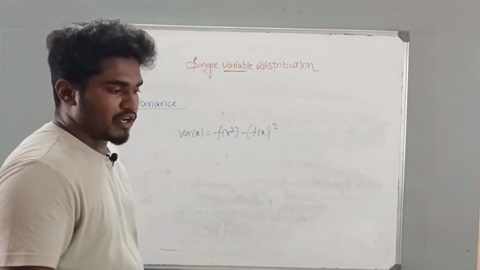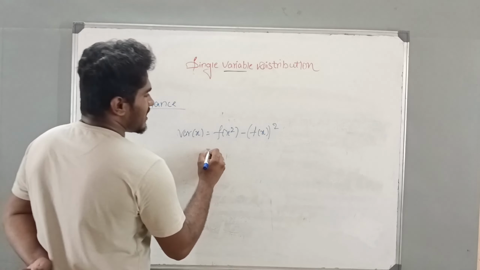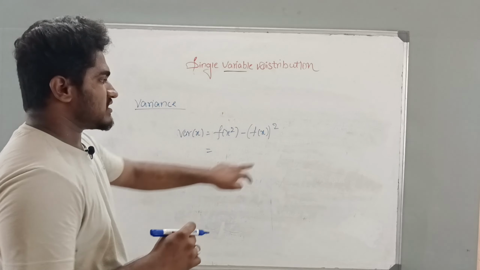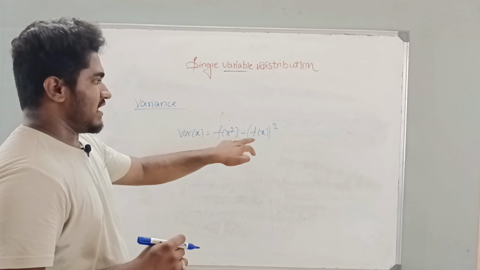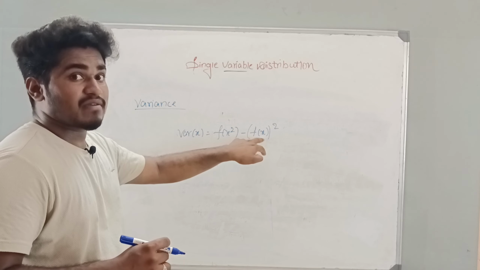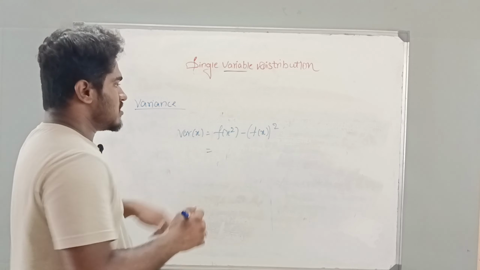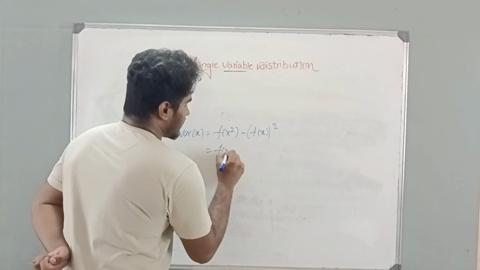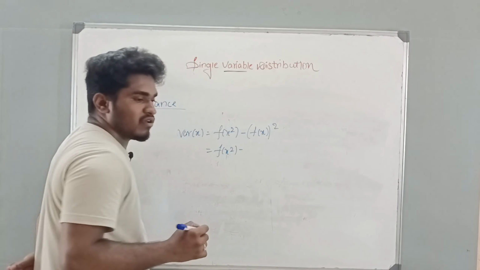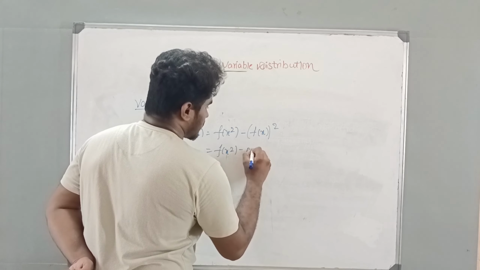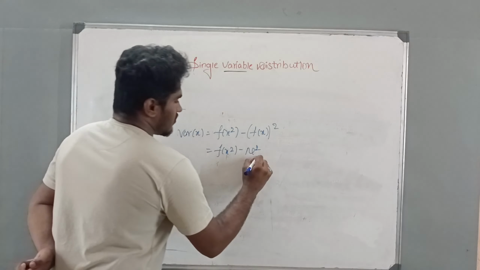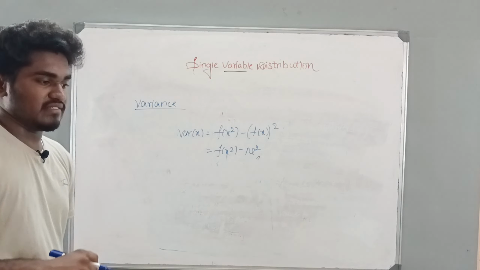This is how we compute it. We have just seen the mean, right? E of x is nothing but the mean. So E of x square minus mu square. This is what the variance is.